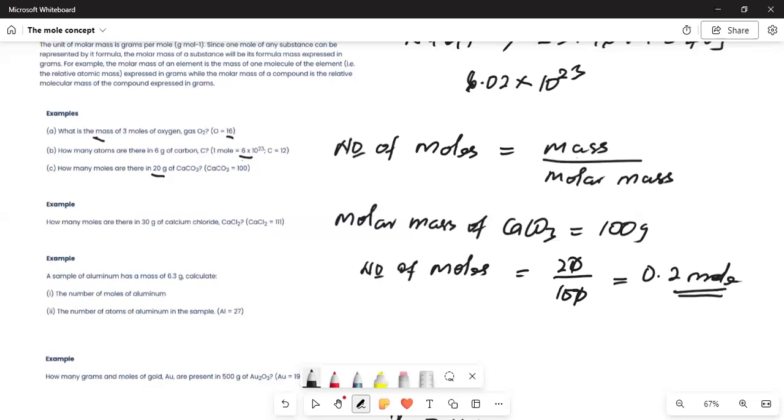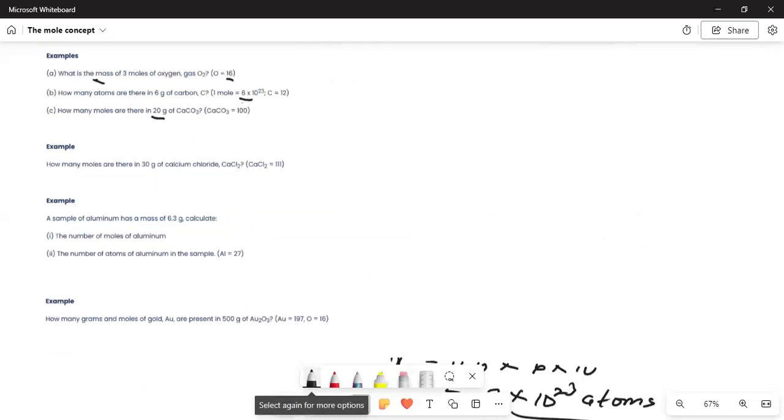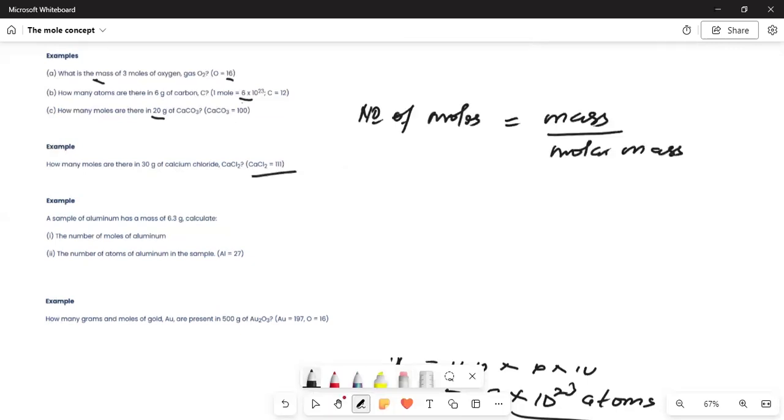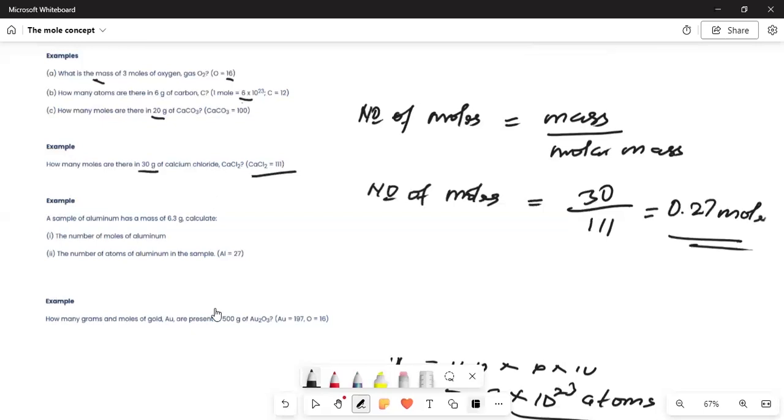They have given us the molar mass, so we'll just substitute the value right away. The number of moles is 30, the mass given to us, divided by the molar mass, which is 111. And 30 divided by 111 is 0.27. So 0.27 mole is the number of moles in 30 grams of calcium chloride.